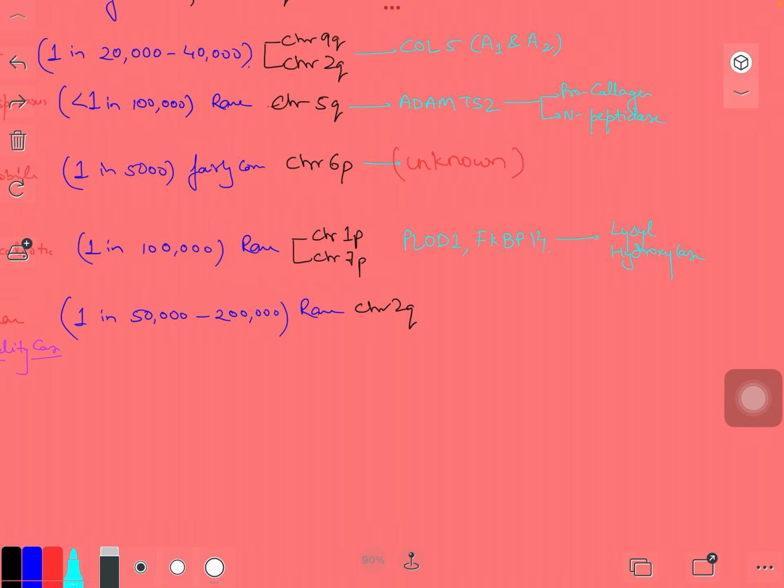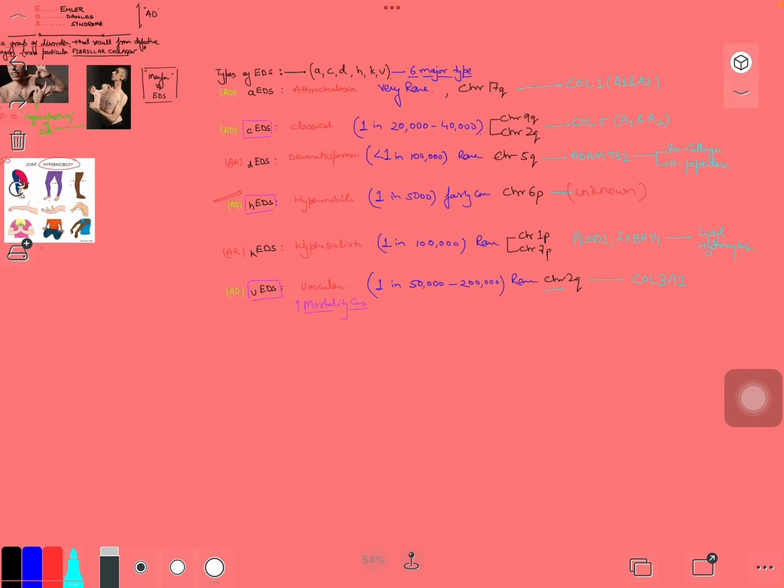And lastly, the 2Q, right? This codes for collagen 3A1, which will form collagen type 3.